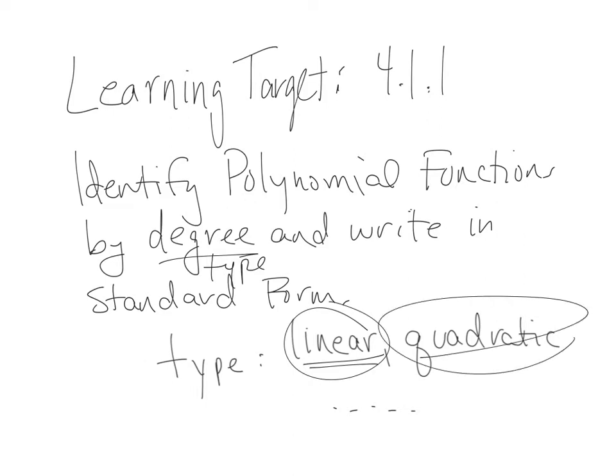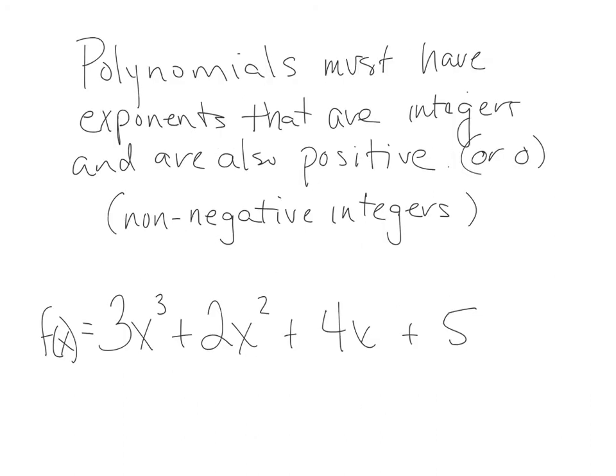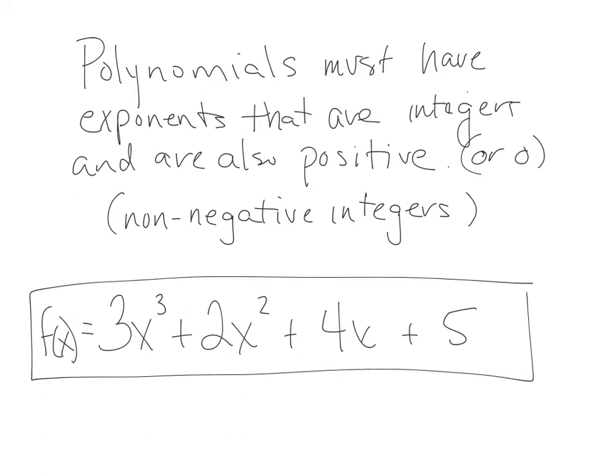And so we'll look at that, and let's just make sure we can identify the degree and make sure that we can put it in standard form. All right? So this right here is a polynomial. I'm going to tell you that, and if you'll notice, it has an exponent of 3 here.